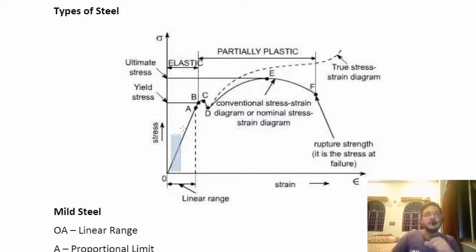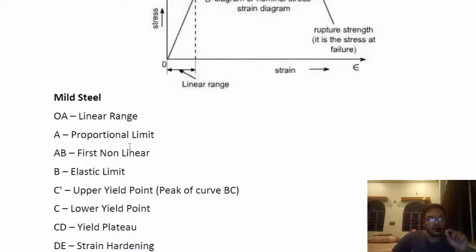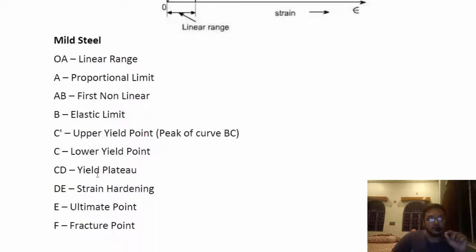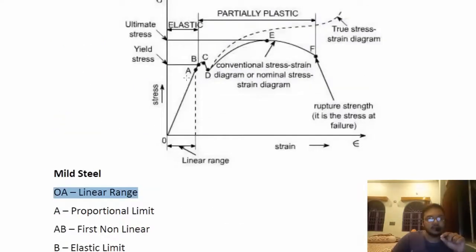But for steel you can see that the strain will keep on increasing with the increasing stress, and at a certain point it will give a yield, and this graph will go downwards to this point D. Let us say that CD is the yield plateau.